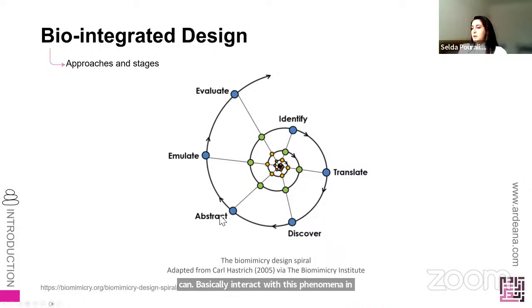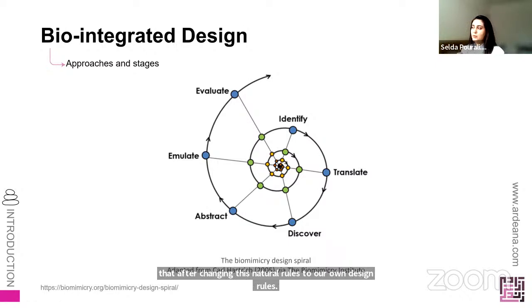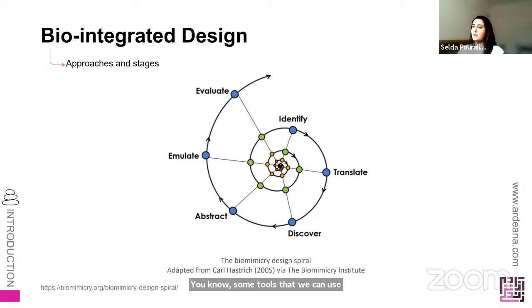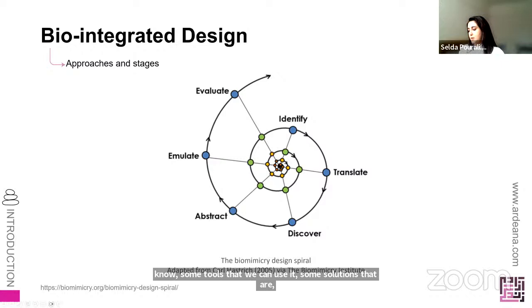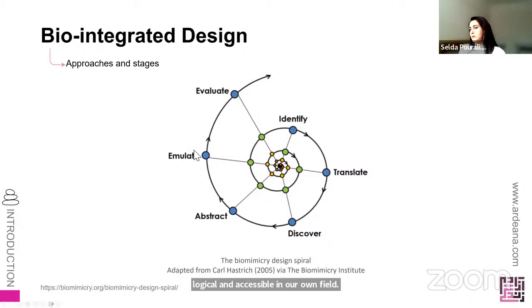Then we abstract, which means changing these natural rules into our own design rules, some tools and solutions that are logical and accessible in our own field, and then we emulate it in our design.